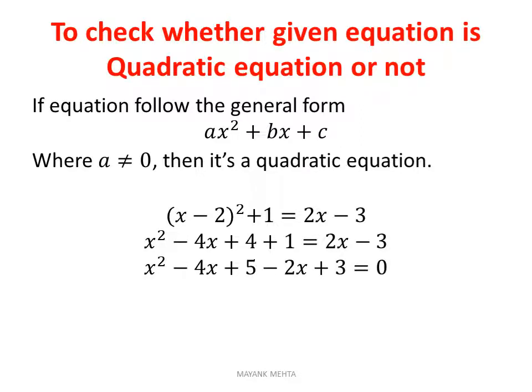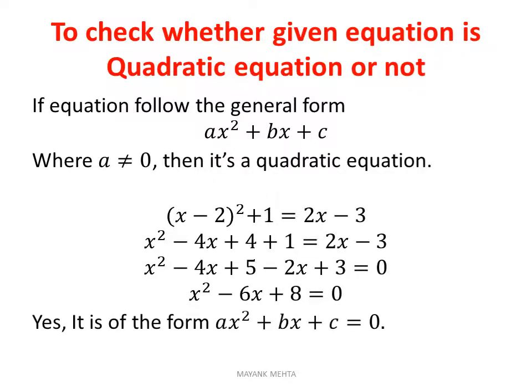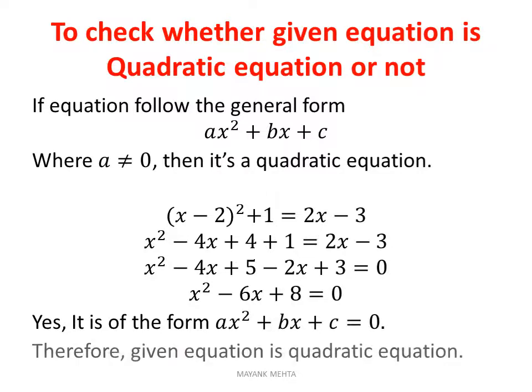Then you will simplify on both the sides. So you will get x square minus 6x plus 8. This is following our general form ax square plus bx plus c. That means yes, the given equation is a quadratic equation.